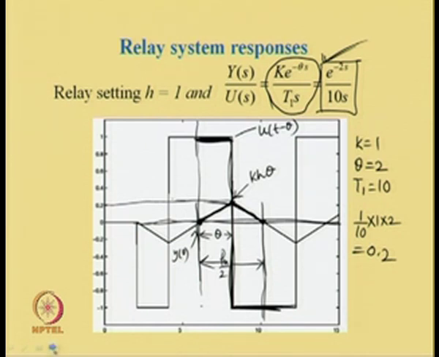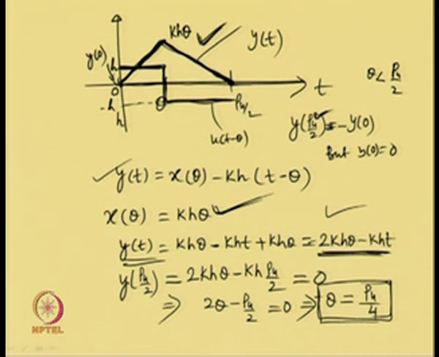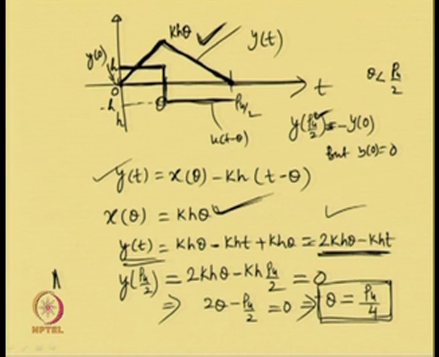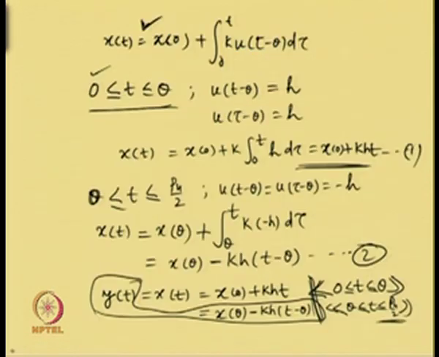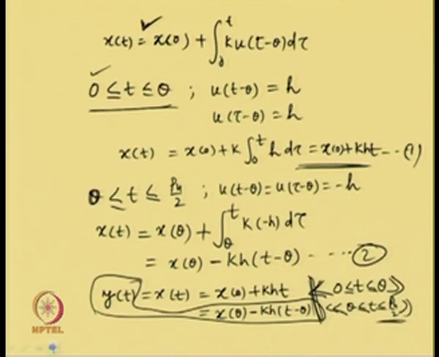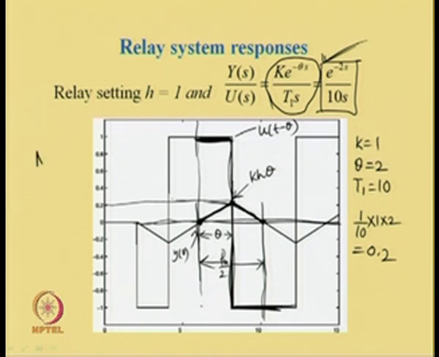Next, what do we have to see? The expression for the peak amplitude is A P is equal to k h theta. In this case, we have got a T 1, then k and T 1 are clubbed together.